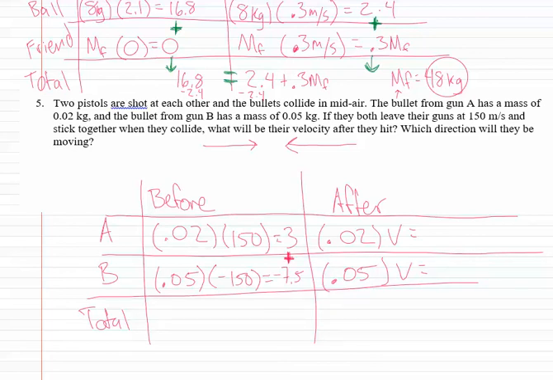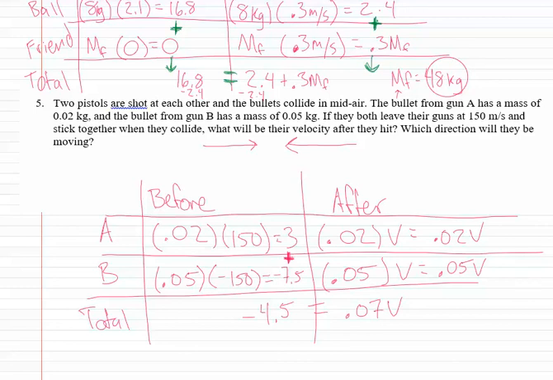So when I add these two things together, the next common mistake that I see is somebody's going to try to pretend that this wasn't negative anymore. So a negative 7.5 and a positive 3 are going to take us down to a negative 4.5. And then on the other side, we're going to have 0.02 Vs and 0.05 Vs. And so these two things added together are going to give us 0.07 Vs. Now we just need to divide both sides by 0.07.